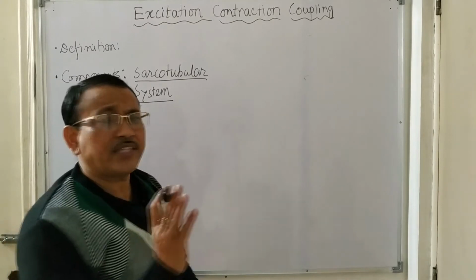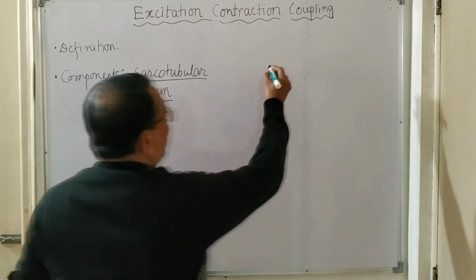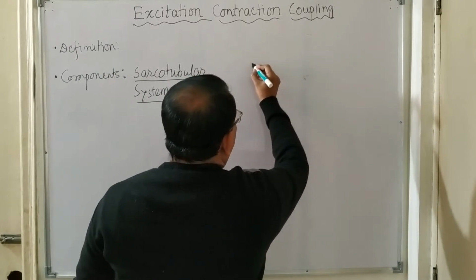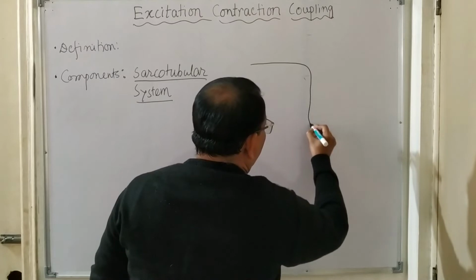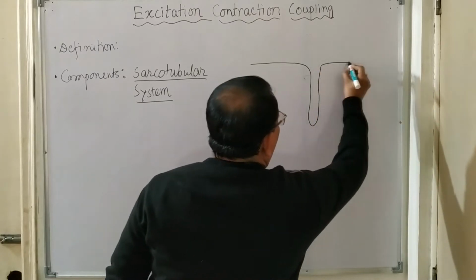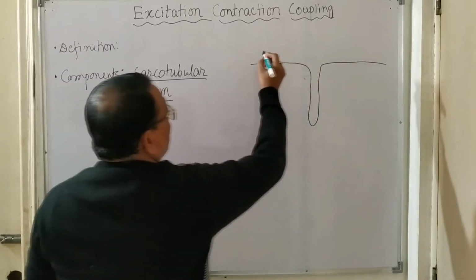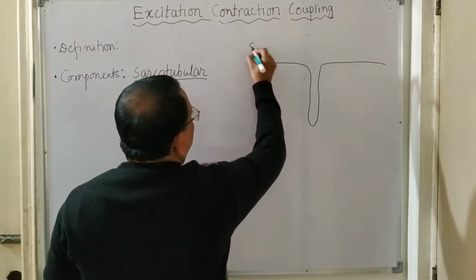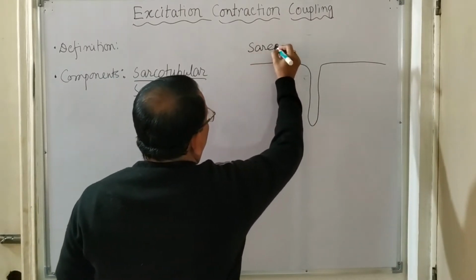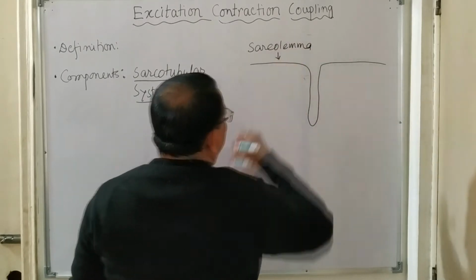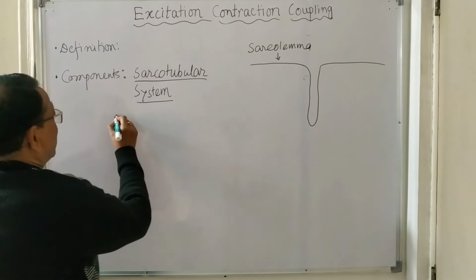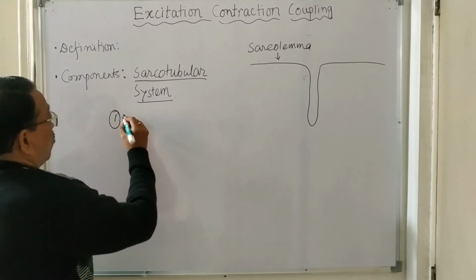which is comprised of basically two components. The first one is the sarcolemma, or the cell membrane or the muscle membrane. This is the first component.